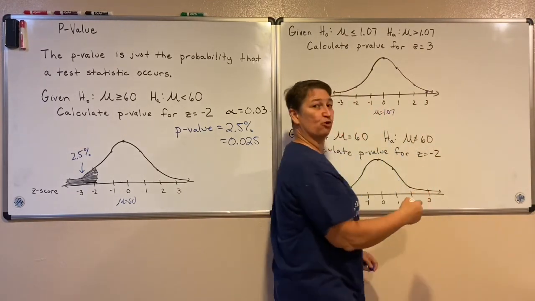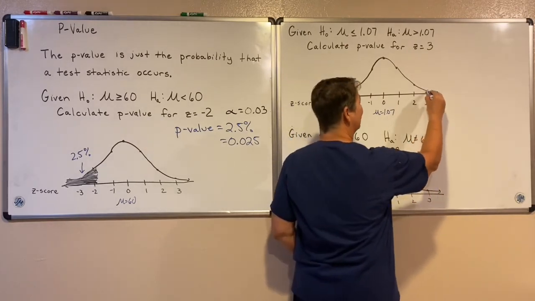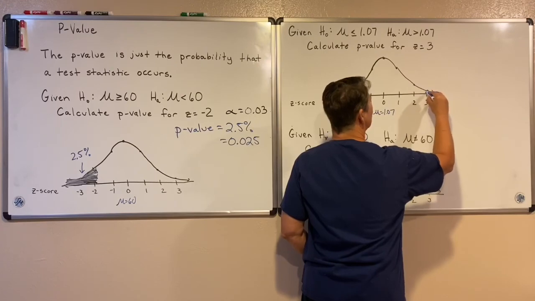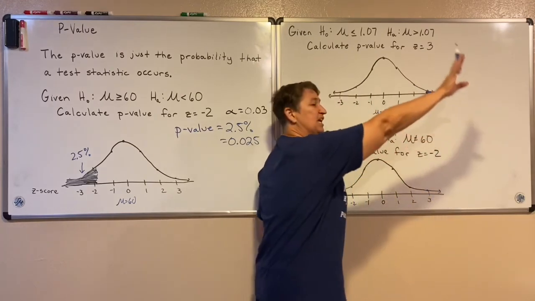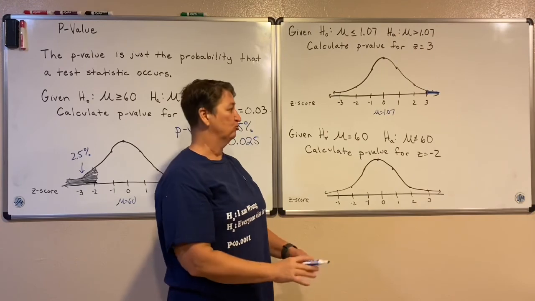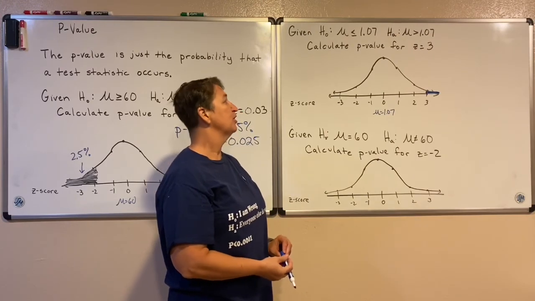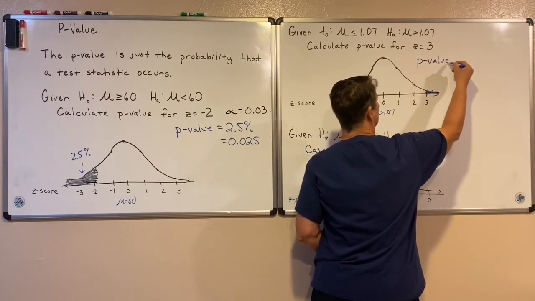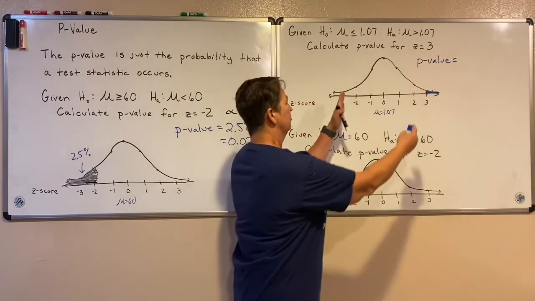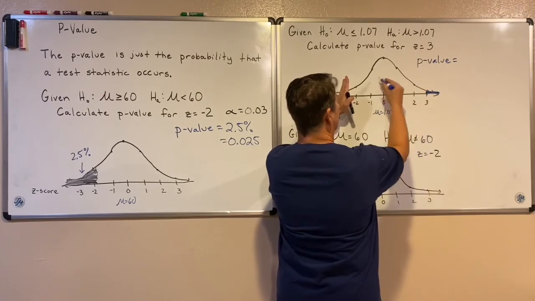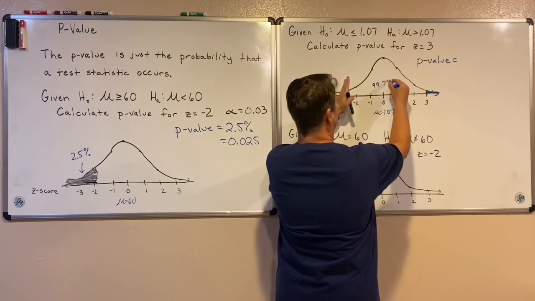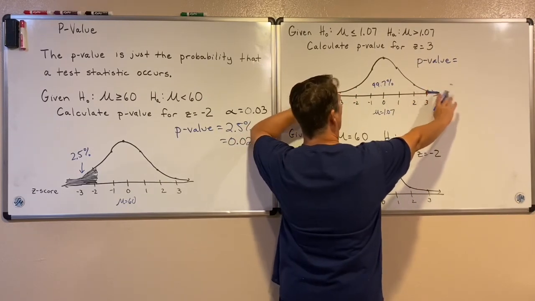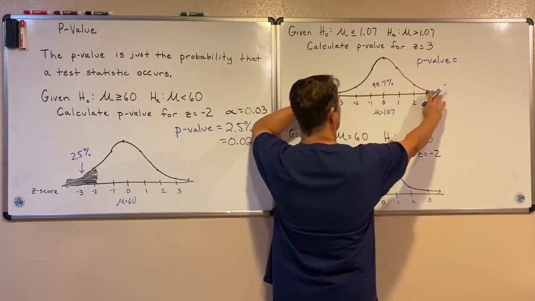So I'm looking for what's the probability that I got a test statistic that extreme, that far out there, or what's the probability from z of 3 and out? What's that area under the curve? So my p-value there, well, we know that within 3 standard deviations is 99.7%. That means that on the wings, we only have 0.3% out here.